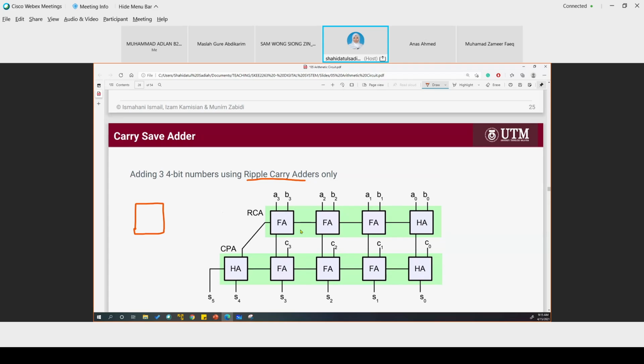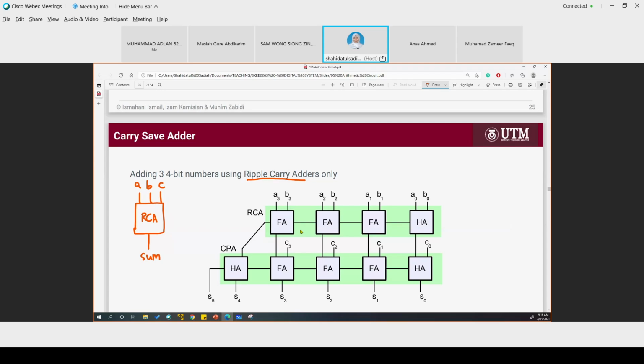So the ripple carry adder here, it's like A, B, C, and the sum. So basically, this is what we want to do. Okay. And it depends on how we design the position of the full adder and half adder.